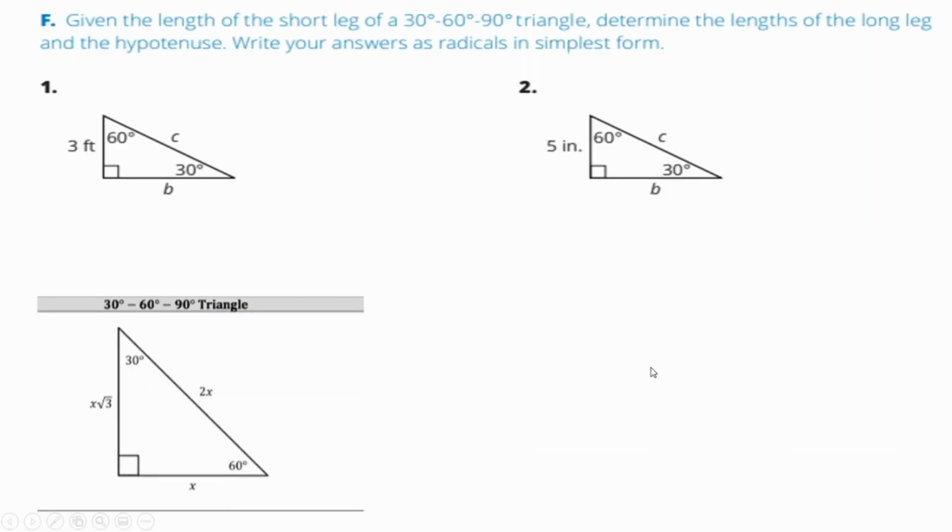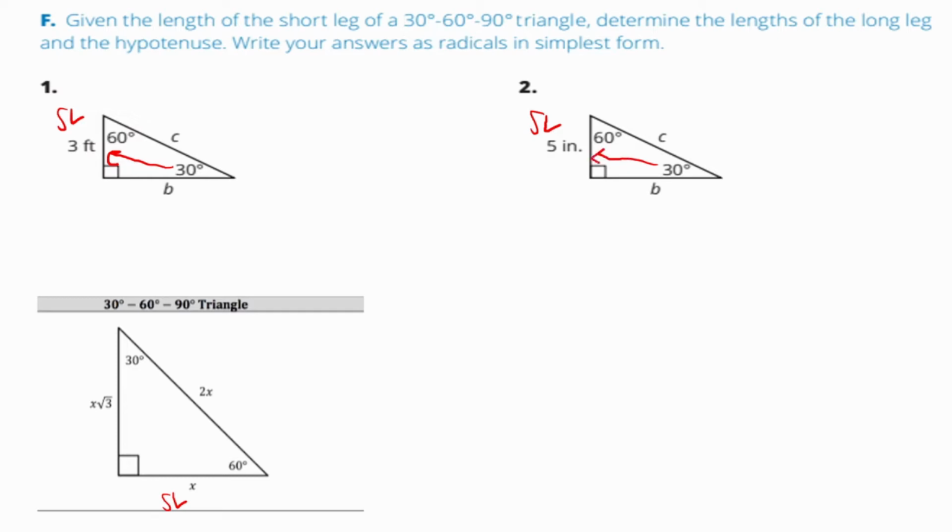Now, next up we have our special right triangle of a 30, 60, 90 triangle. And we're given the rule down below. And we just want to find the other two parts. So in both of these triangles, we're given the side that's across from my 30-degree angle, which is my short leg. Same thing here is my short leg. And that's good because that is our reference leg.